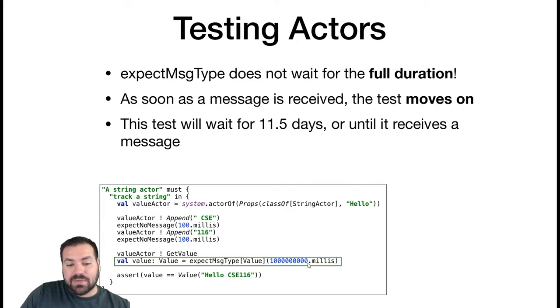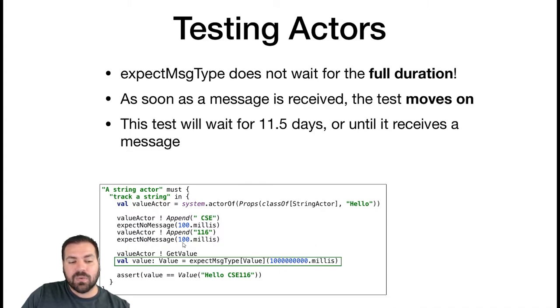But say you give it 5 seconds, you're probably getting the answer within just a couple of milliseconds. So after that test, do not expect 5 seconds of idle income to have accumulated, because you're not sitting there waiting on expect message type. We're not waiting this whole duration.